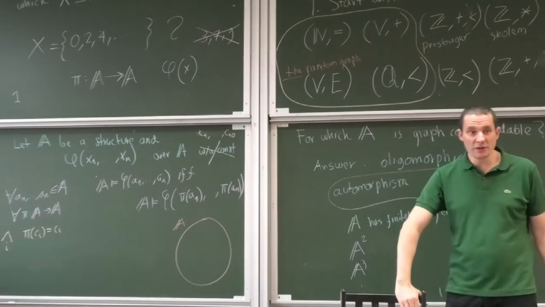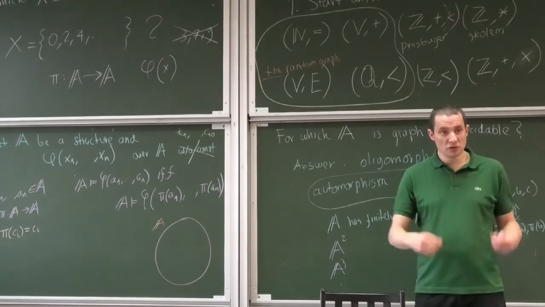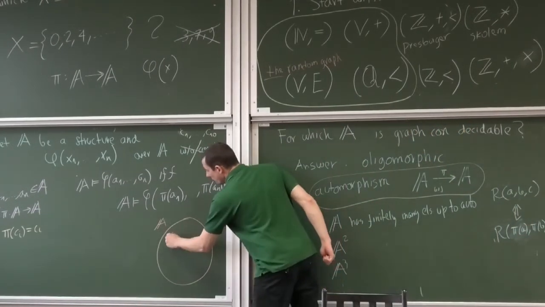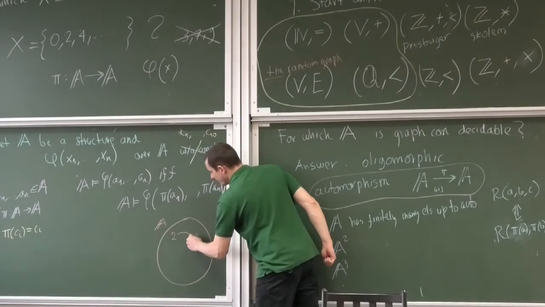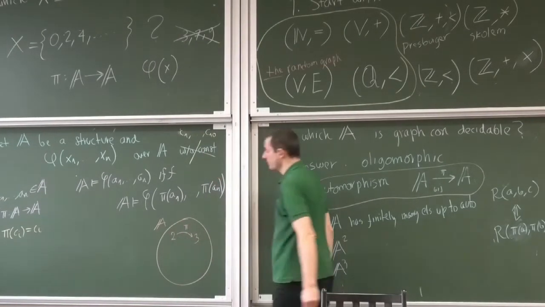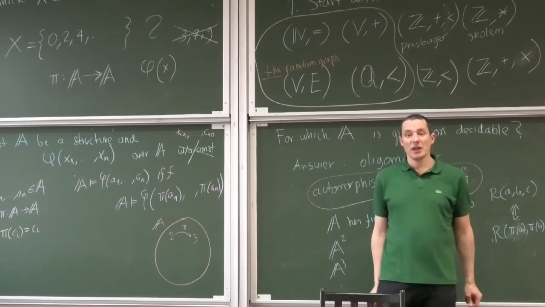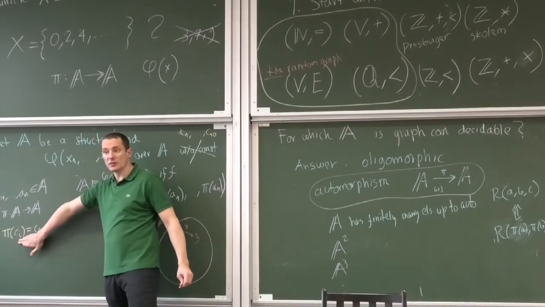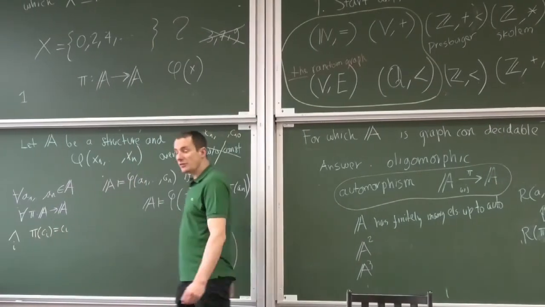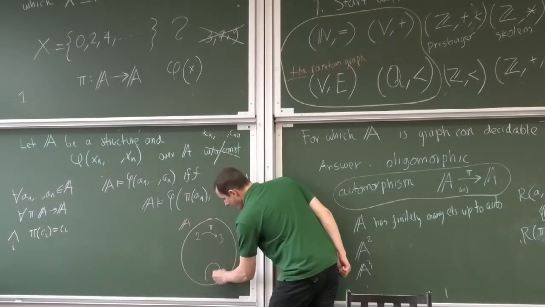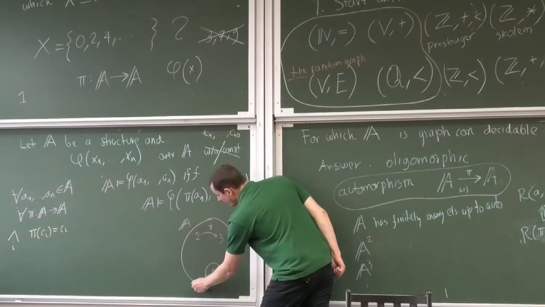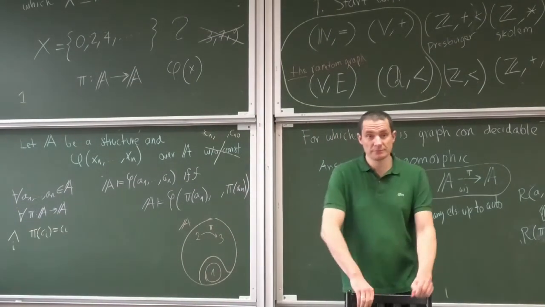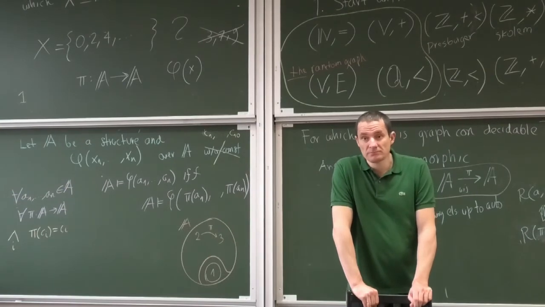How many orbits are there? There's just one orbit, because everything, you can map 2, 3. If, however, I require them to be the identity on atom 1, then there's 2 orbits. There's the orbit which is 1. And there's the remaining orbit which is not 1.